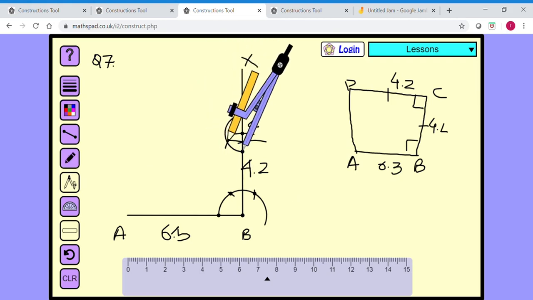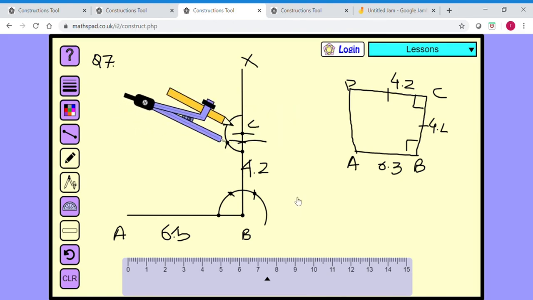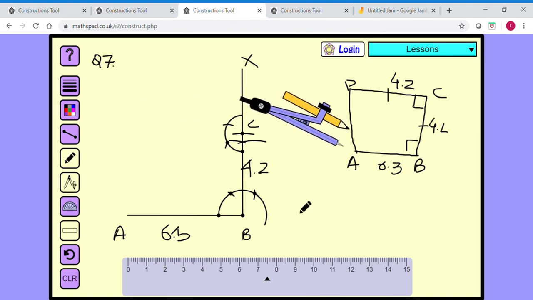So this is the 60 degree mark. Without changing span, I keep it on the 60 degree mark and I make a 120 degree angle. Done. 120 done, 60 done.